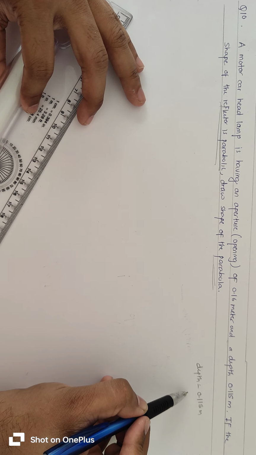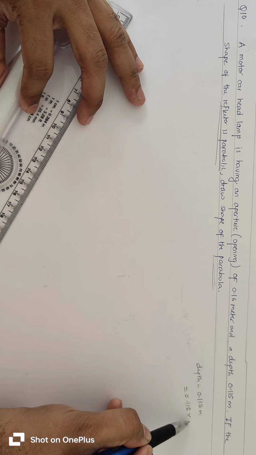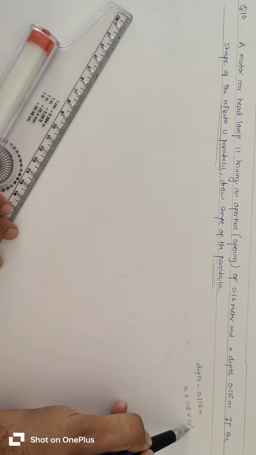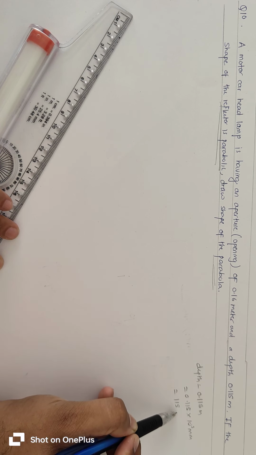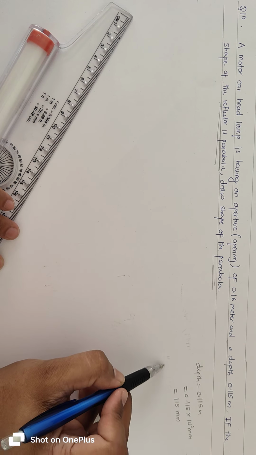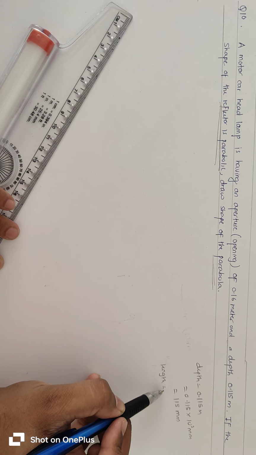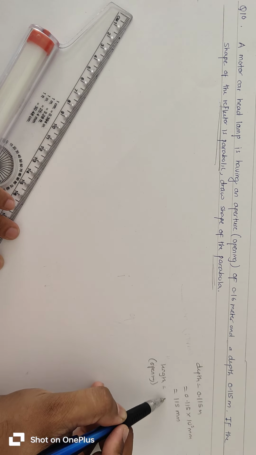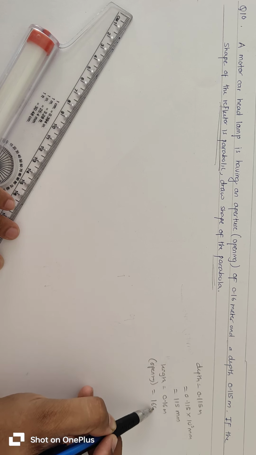So we will convert this into mm. 0.115 into 10 raised to 3, it means mm. It is equal to 115 mm, right? And likewise length, which means opening, is 0.16 meter, so it will be 160 mm.